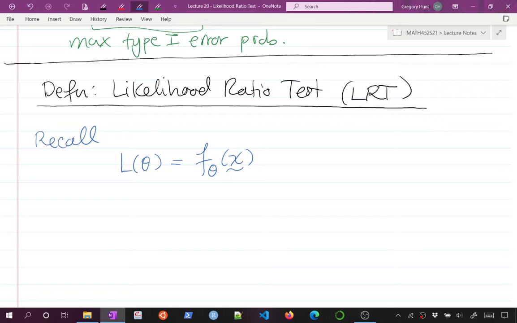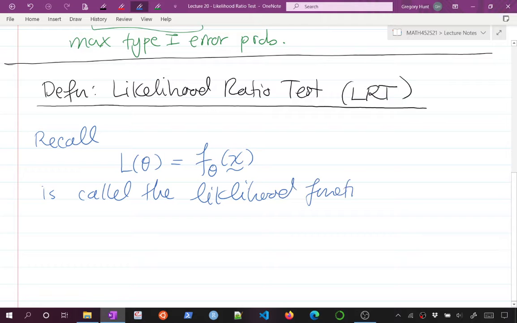So it's x fixed, a function of theta, as opposed to how we normally think of it as theta fixed and a function of x. So this is called the likelihood function, right? Some recap.